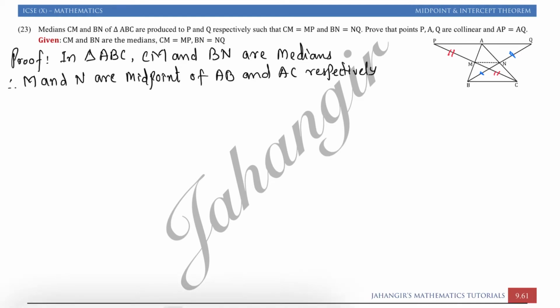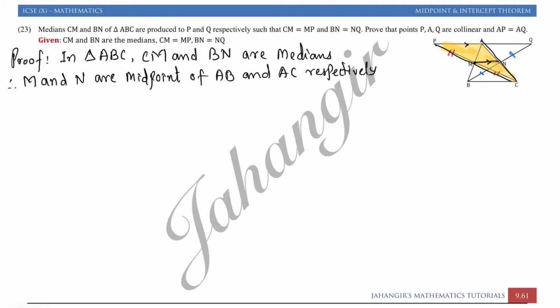Now we will consider a triangle CAP, this triangle, in which you can see M is the midpoint of CP, N is the midpoint of CA. So therefore MN is equal to half PA and MN is parallel to AP.